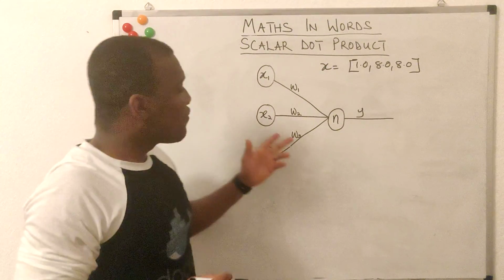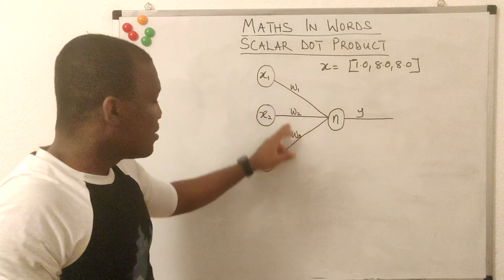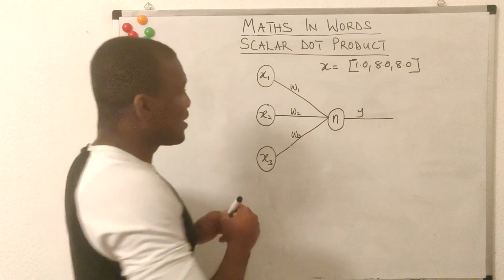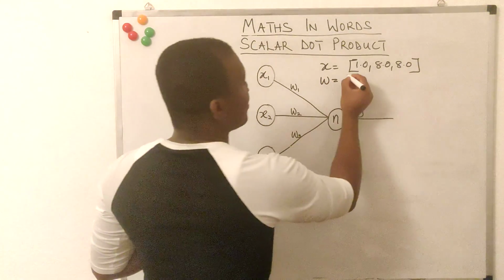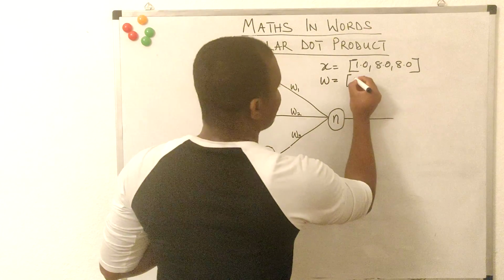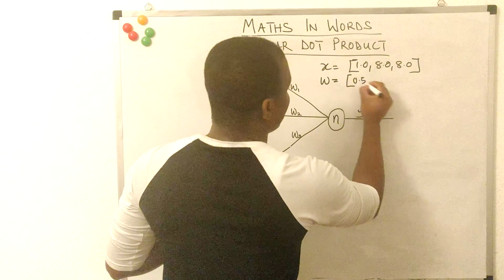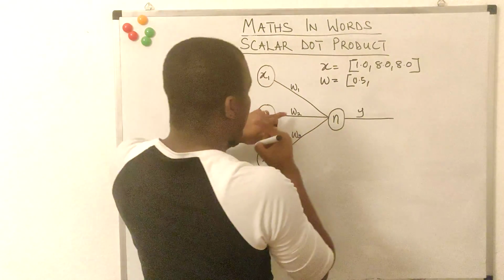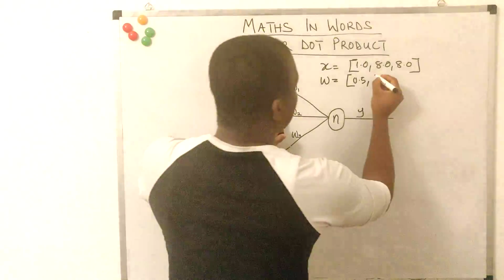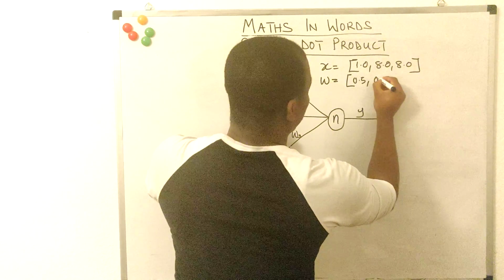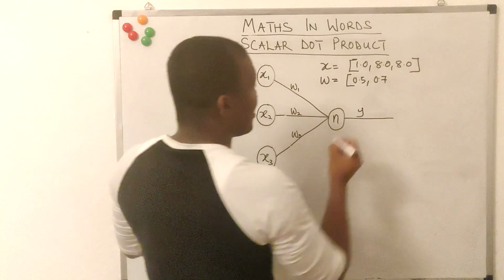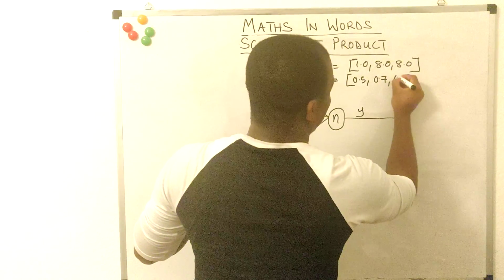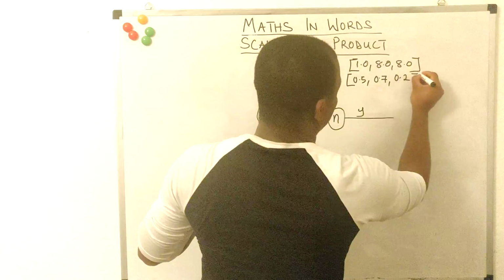Let's assume that for now our weight vector is such that we have 0.5 for W1, W2 is 0.7, and W3 is, let's say, 0.2.